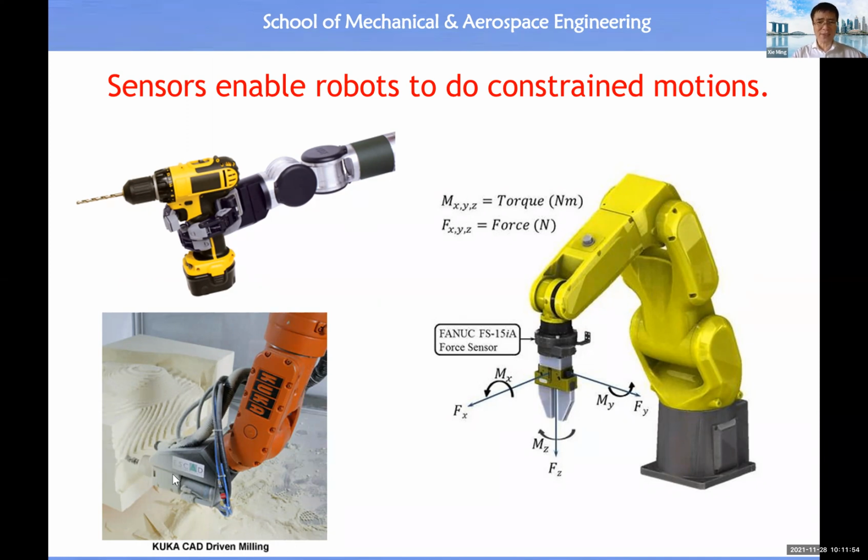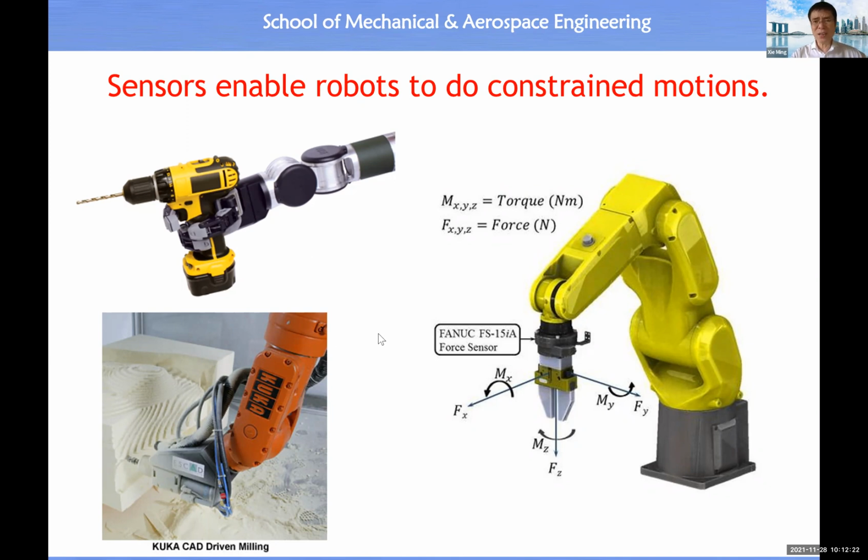You see there must be an interaction force between the workpiece and the robotic arm. In this case, the robot carries a tool, and this tool has a certain weight, so there's a gravitational force acting on the robot hand.